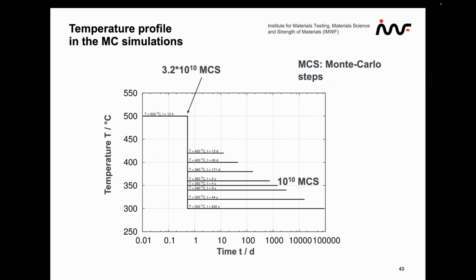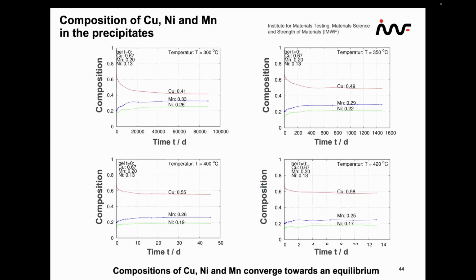Now, nicely, you can change the temperature in these simulations and can simulate different time scales from a few days to hundreds of years or some hours with 10 to the 10 Monte Carlo steps. That means high computation time is required here.